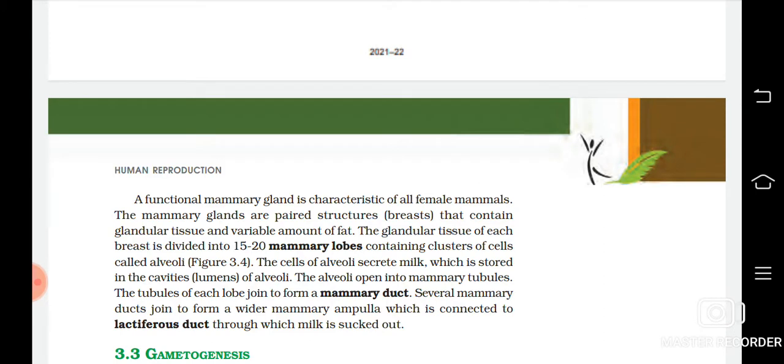It is stored in the cavities of the alveoli, and then this opens into the mammary tubules, and many mammary tubules join to form a mammary duct, and these ducts join to form a mammary ampulla, to which a lactiferous duct is connected, and from there the milk is sucked out.